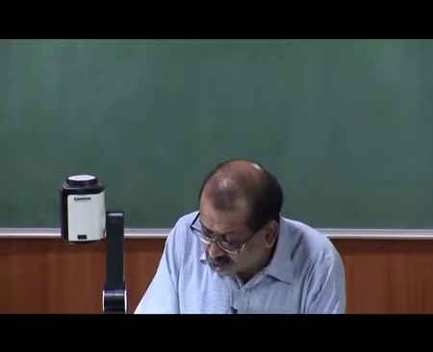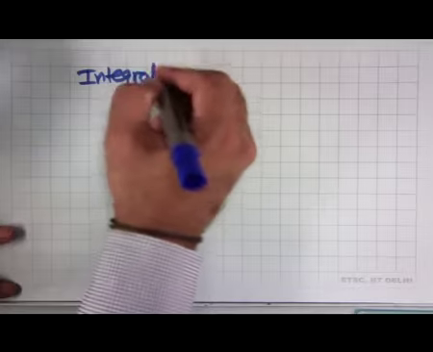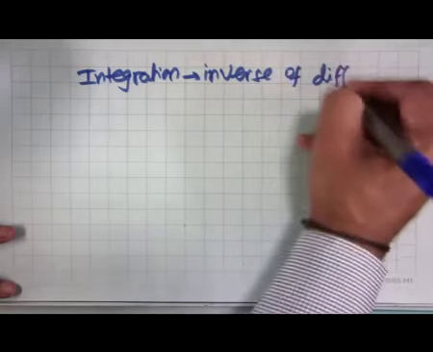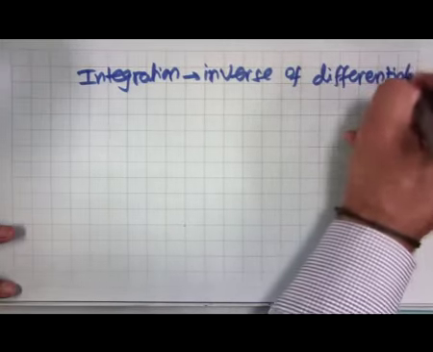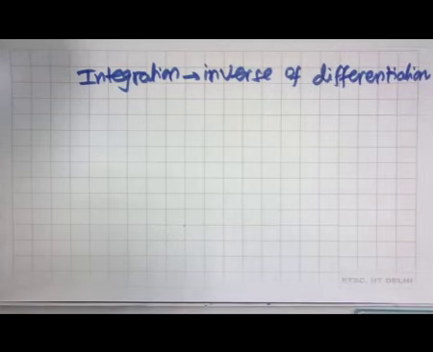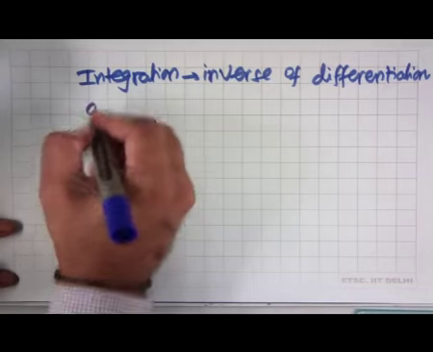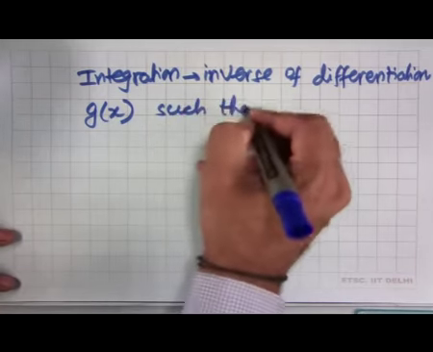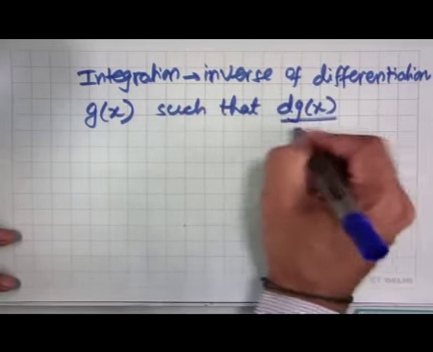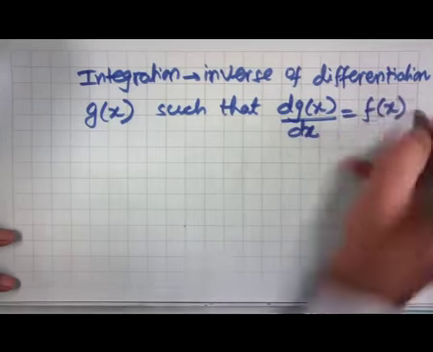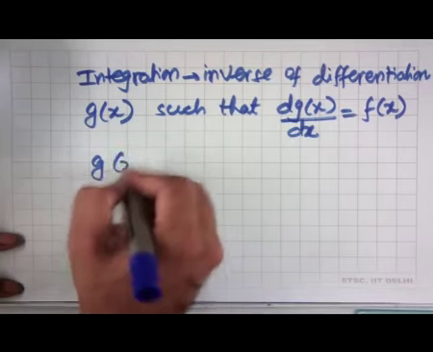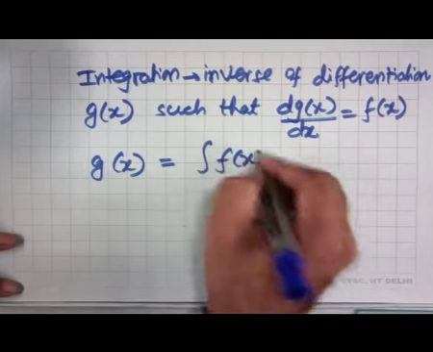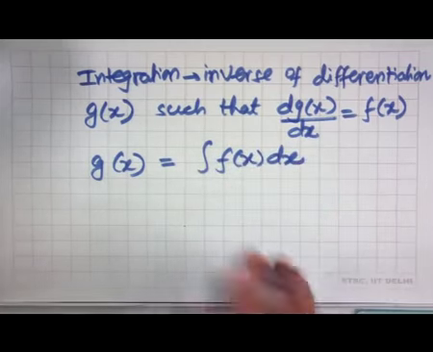Now, what we can also show is that integration is the inverse of differentiation, which means that if we have a function g of x such that the derivative of g x is equal to f of x, then g of x is equal to the integral of f x with respect to x.